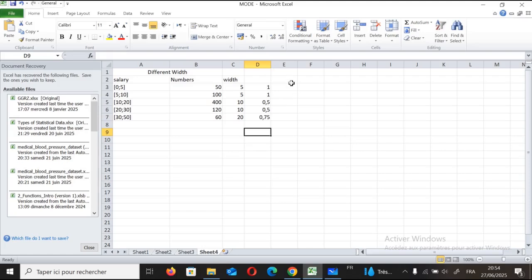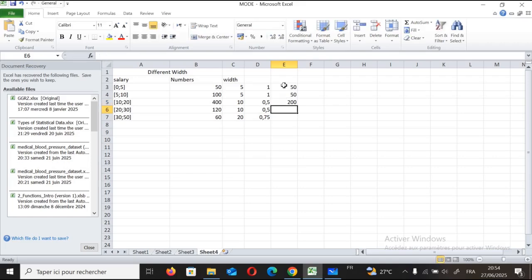So we're going to readjust the numbers by the width of reference. We multiply 50 by 1, it gives us 50. Same here, 50. If we multiply 400 by 0.5, the half of 400 is 200.